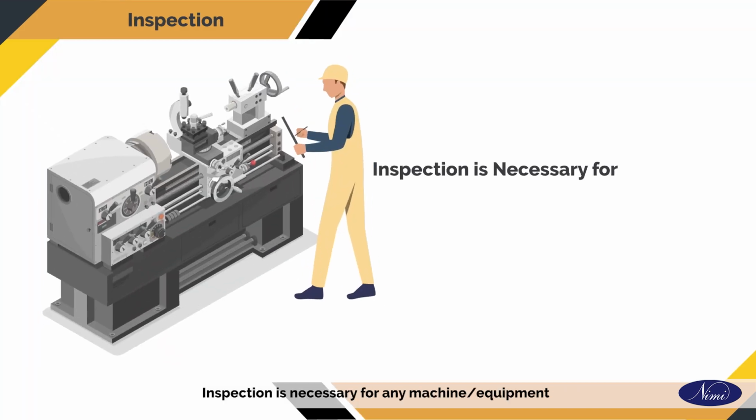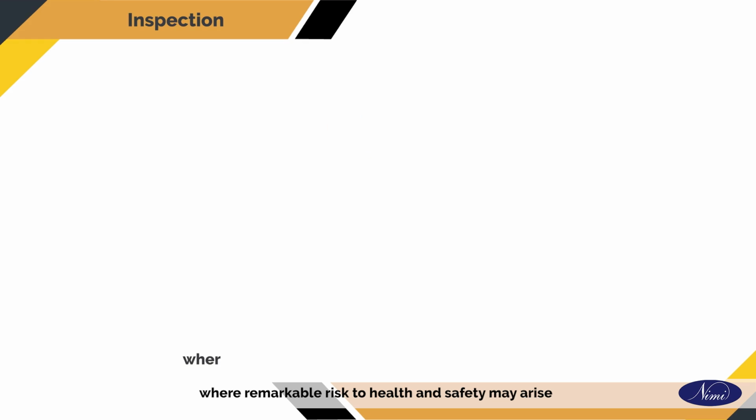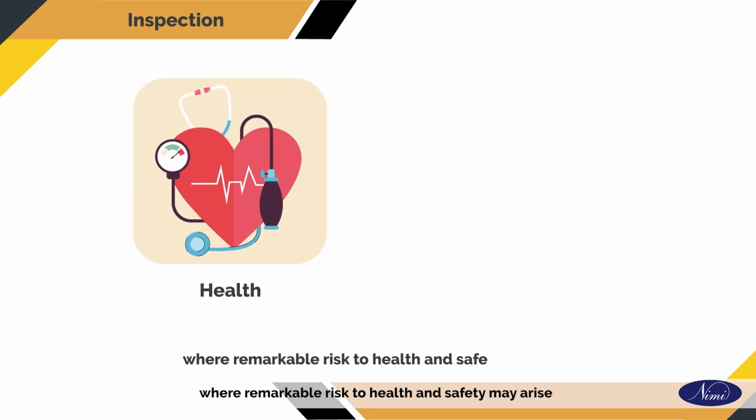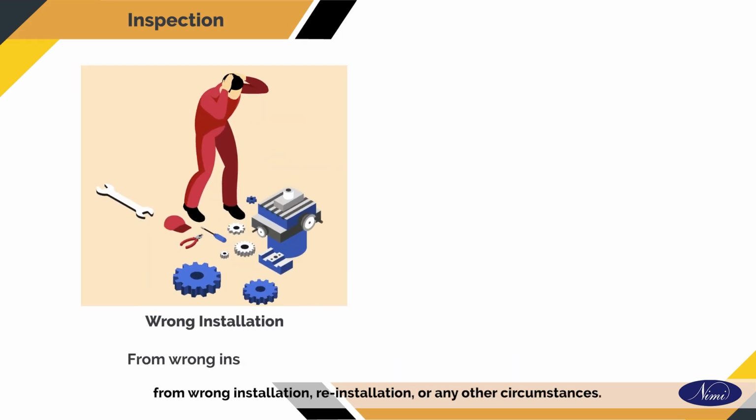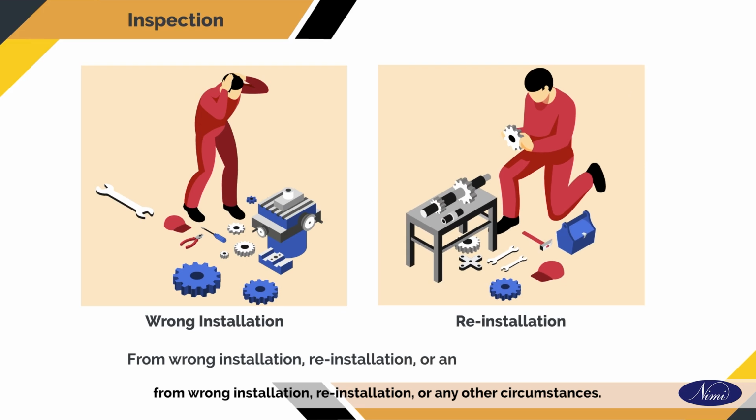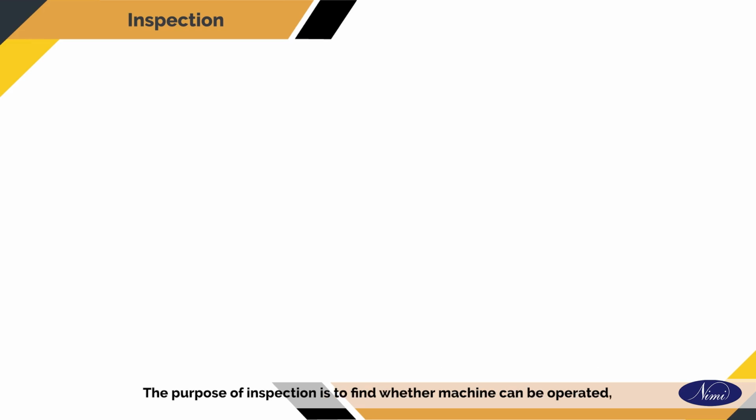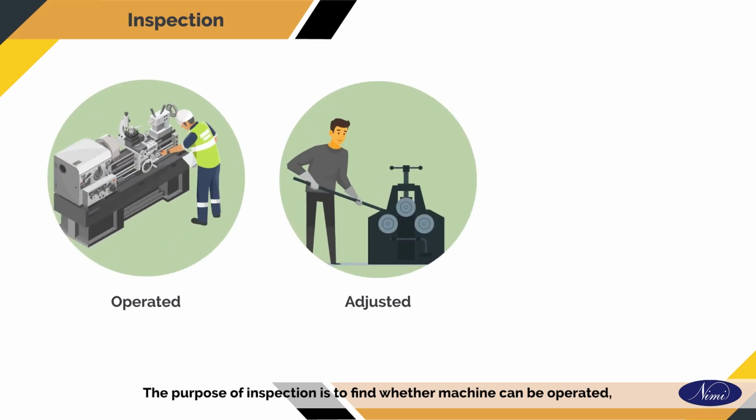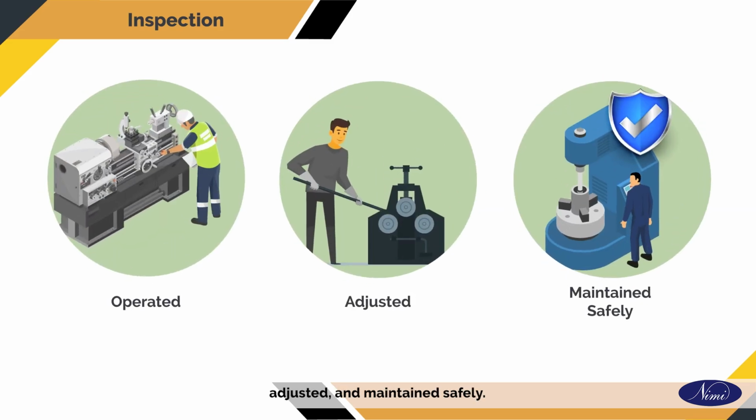Inspection is necessary for any machine or equipment where remarkable risk to health and safety may arise from wrong installation, reinstallation, or any other circumstances. The purpose of inspection is to find whether the machine can be operated, adjusted, and maintained safely.